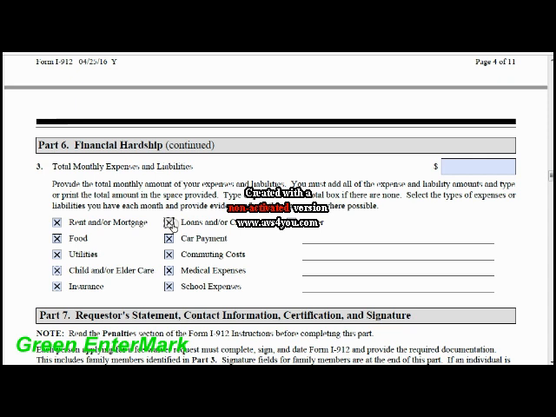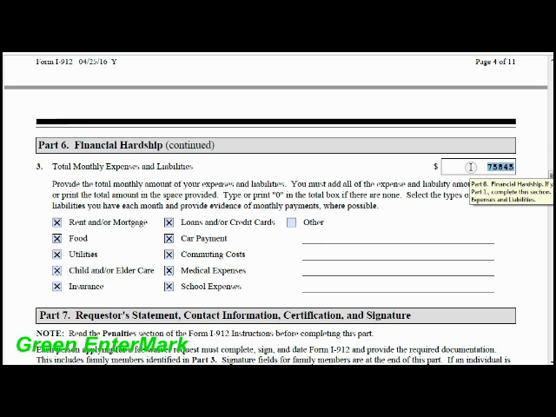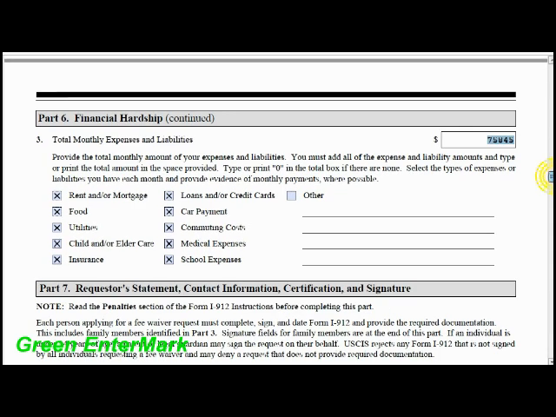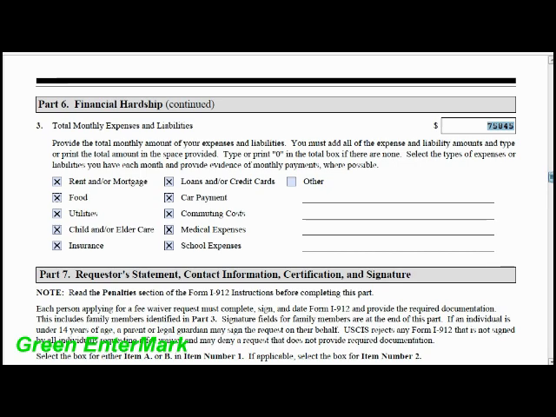In this way, you show USCIS the total amount in expenses, and that you have no other sources to pay the fee. With this, part 6 ends.